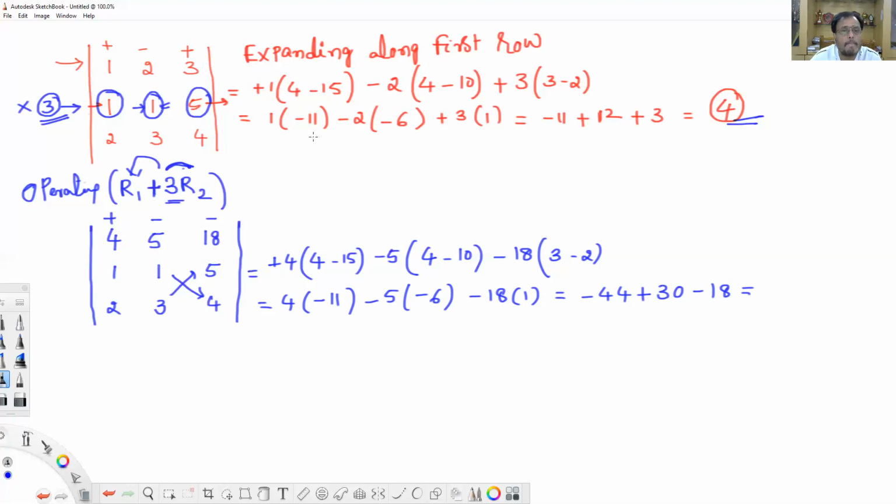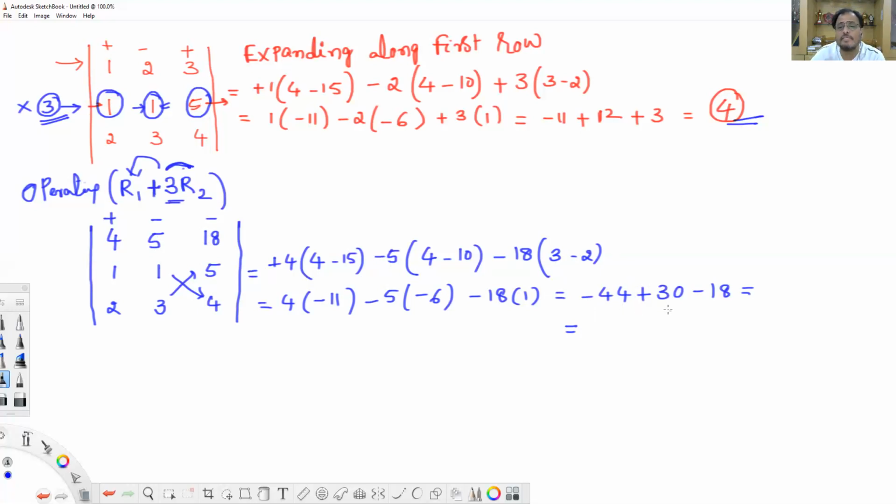So 4 into 4 minus 15, minus 5 into 4 minus 10, minus 18 into 3 minus 2, that is 1. Now here R1 plus 3R2 we have taken. 15 plus 3, 18.